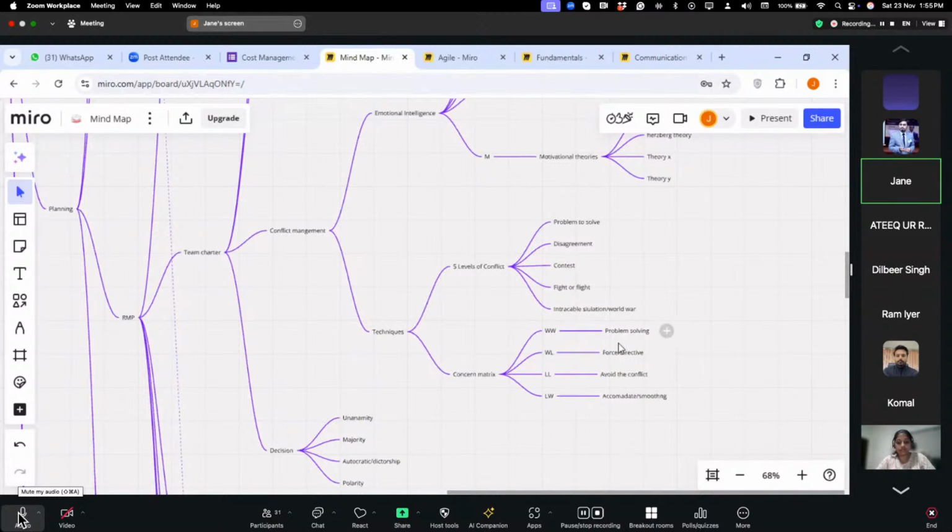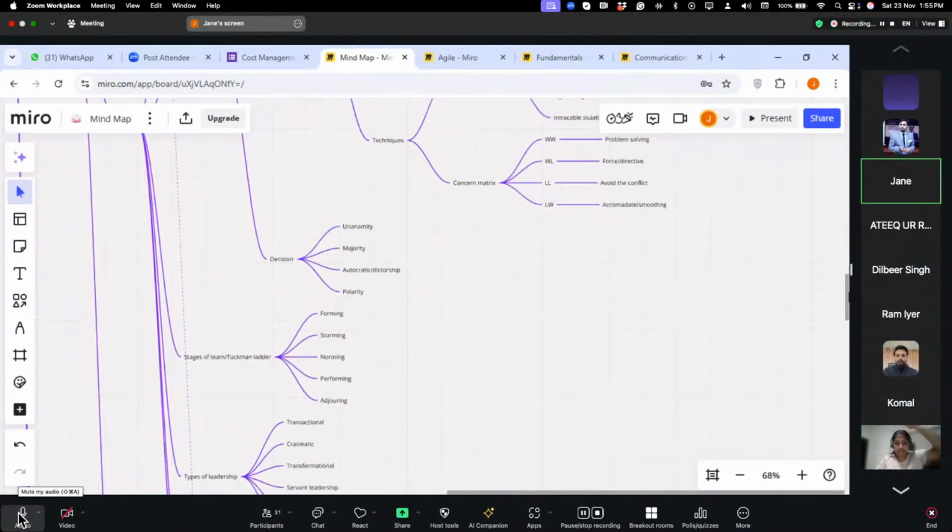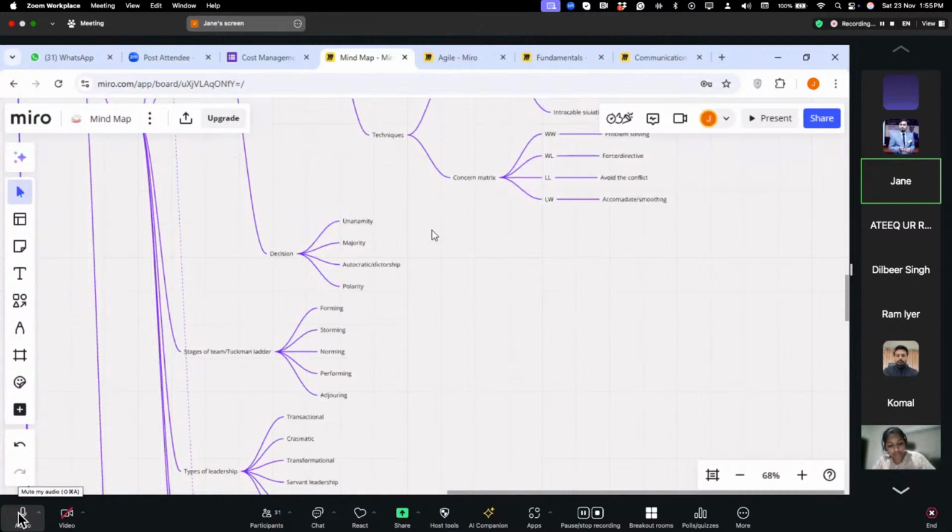So win-win is problem solving, win-lose is force and directive, lose-lose is avoiding the conflict, and lose-win is accommodating or smoothing. Then we have the decision-making methods, which are unanimity, majority, autocratic dictatorship, and polarity.